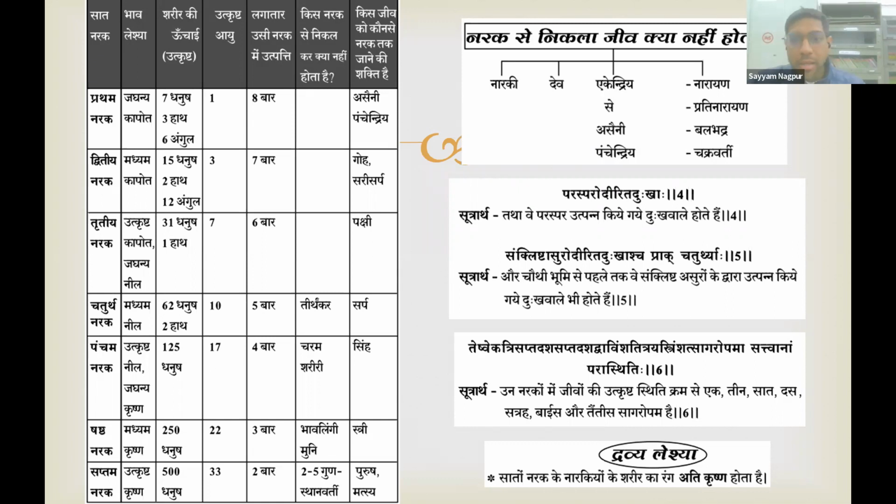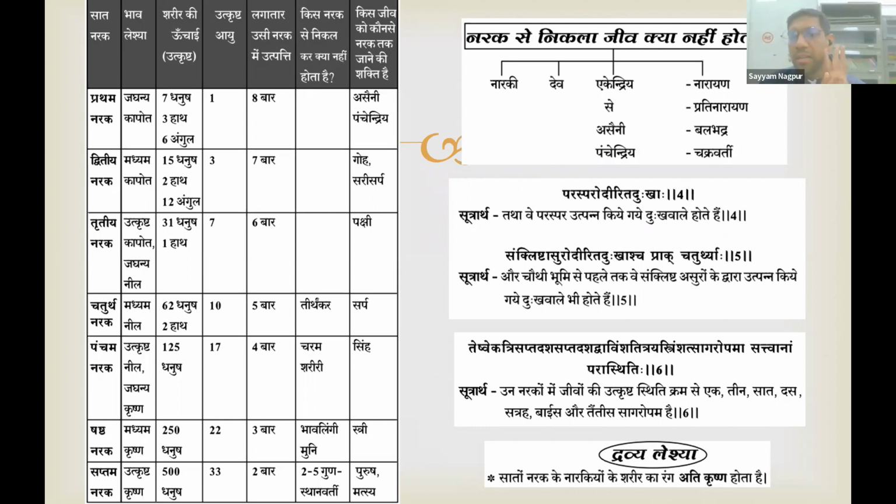Sanklisht means very intense, deeply hurting. Asurodhirit, Asur means Asur Kumar Jati ke Dev. Udirit means they give. Dukha means unhappiness, till the fourth Narak.